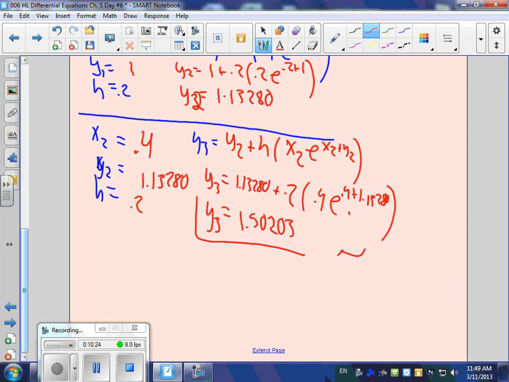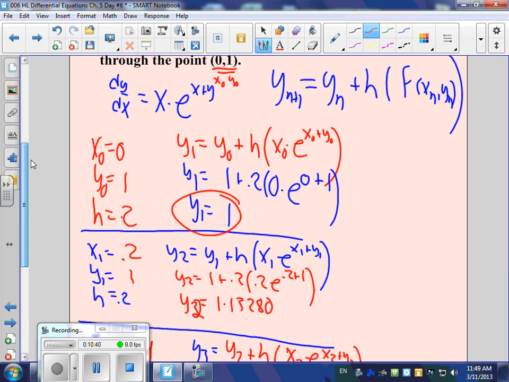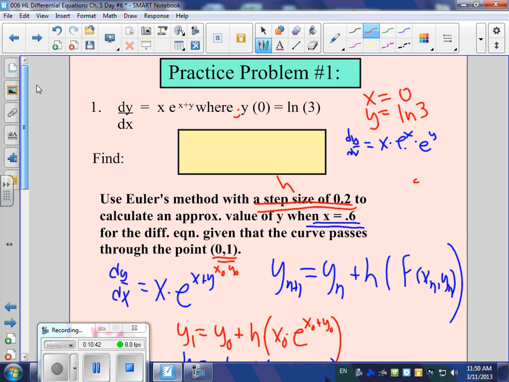And this is my estimate using Euler's method. It is not perfect because of the fact that it's parallel but not on the function. So what you might do is put 0.6 into my answer that we had from this part.